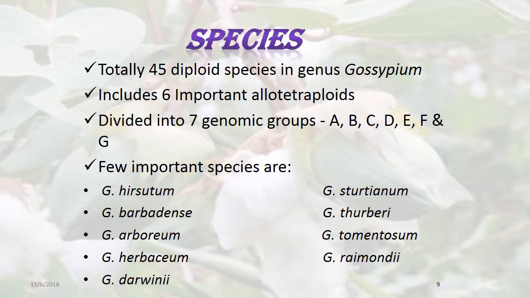The genus is divided into 7 genomic groups: A, B, C, D, E, F and G. Few important species of cotton are Gossypium hirsutum, barbadense, arboreum, herbaceum, darwinii, sturtianum, thurberi, tomentosum and raimondii.